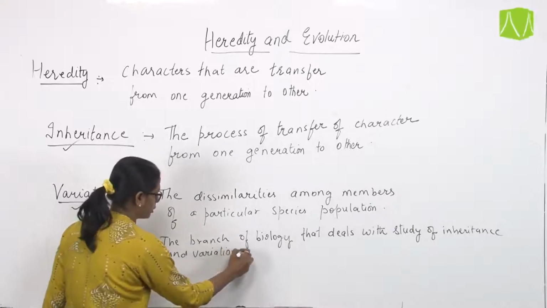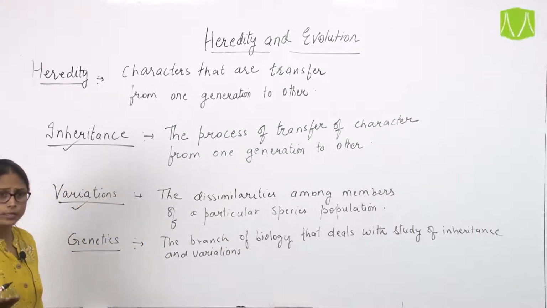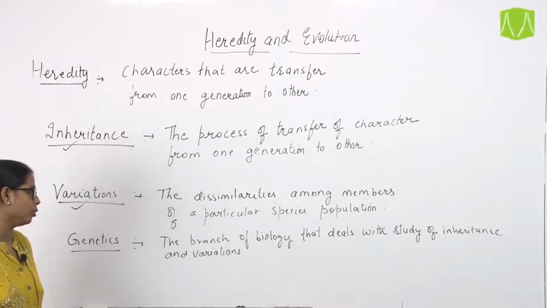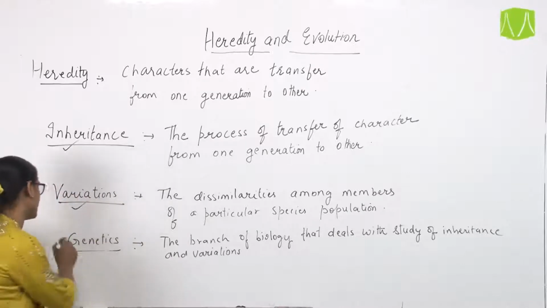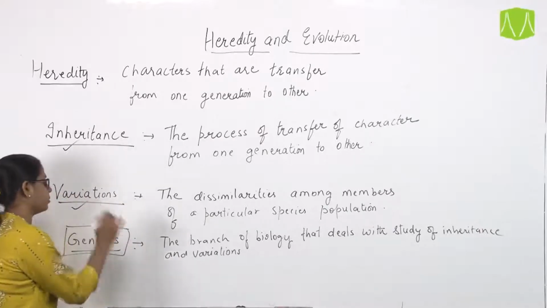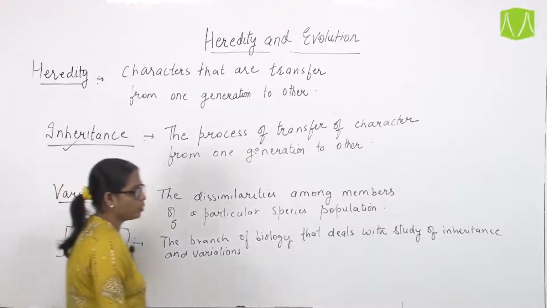That branch of biology in which we study how inheritance happens and how these variations appear is known as genetics, and in this chapter we will discuss genetics only.